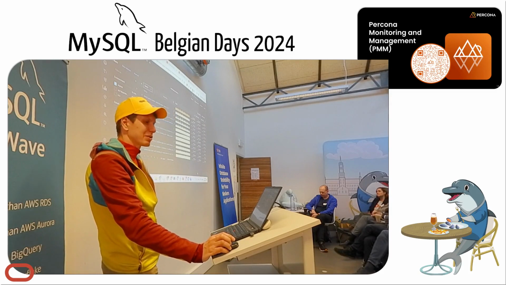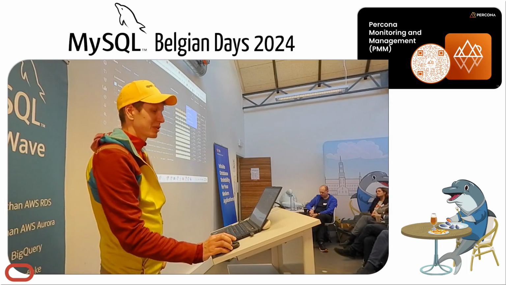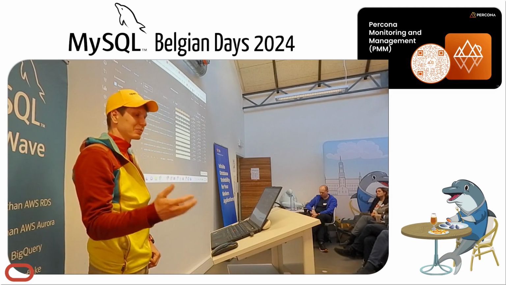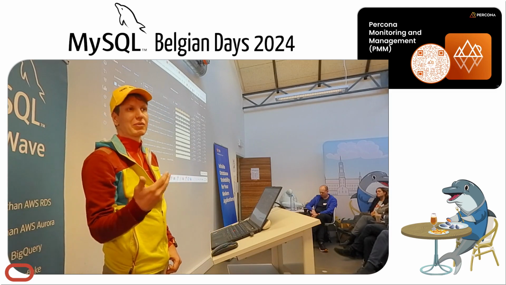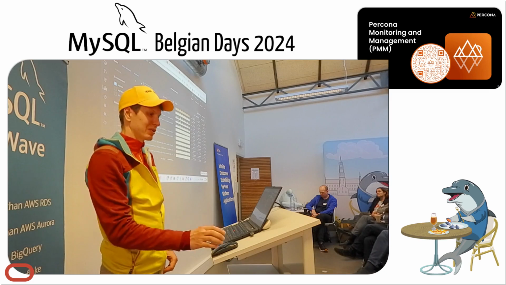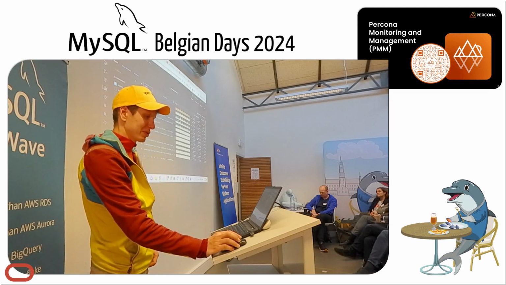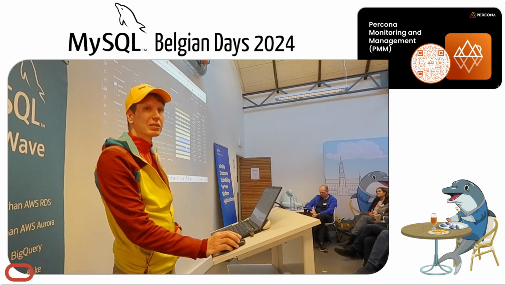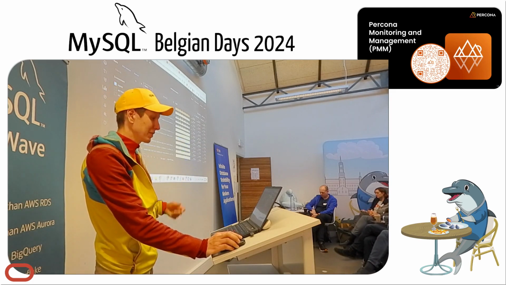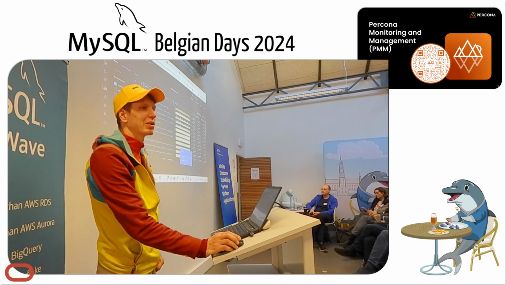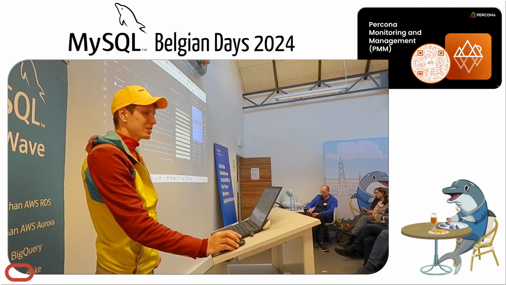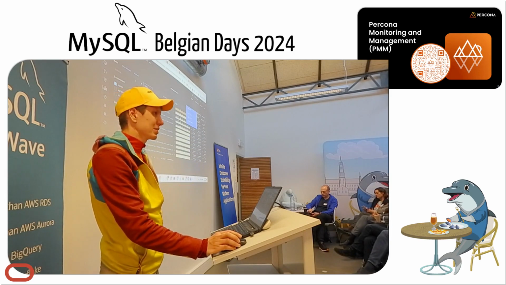What you can see here is also that the number of queries obviously does not always correlate with what queries are causing load. In this case, some of the most frequent queries, though they're simple, don't create a lot of load on the system.